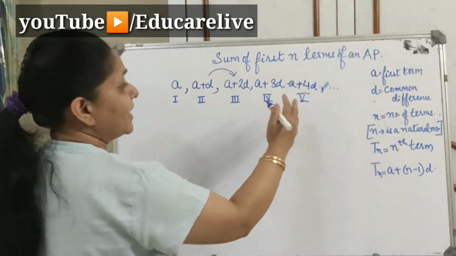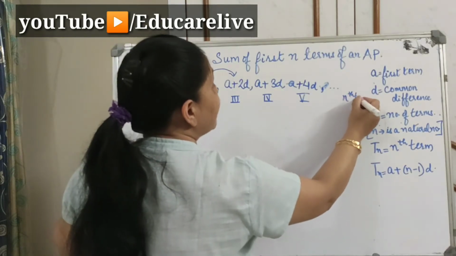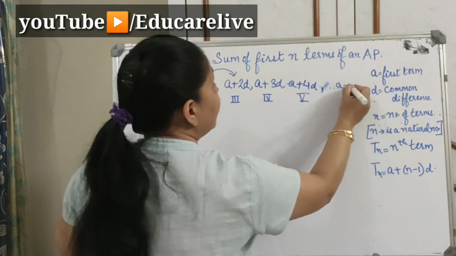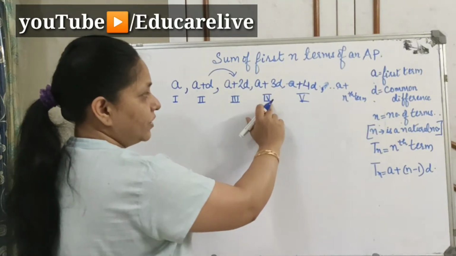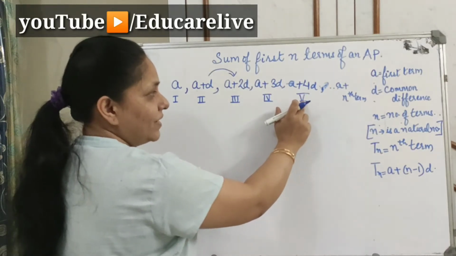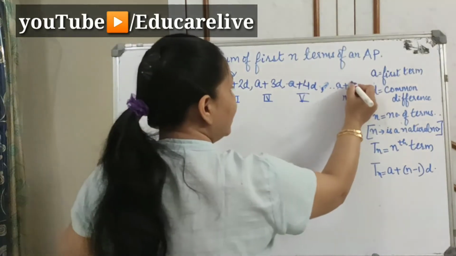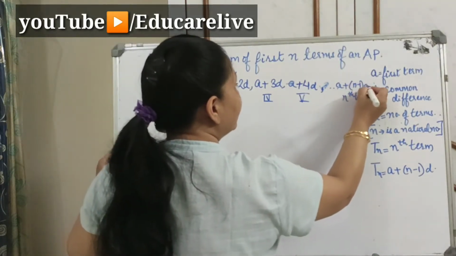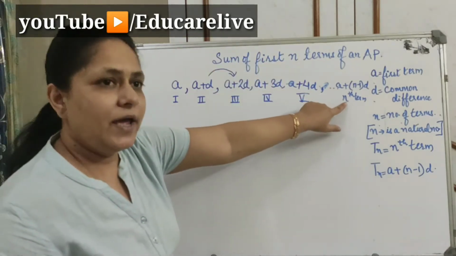If we keep moving like this, for the nth term, we'll have A plus 1 less than nth term, because for the fourth term, 1 less than 4 is 3. For the fifth term, 1 less than 5 is 4. So for the nth term, 1 less than n will be n minus 1 into D. So this is an AP which is consisting of n terms.